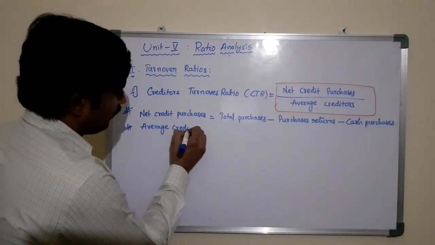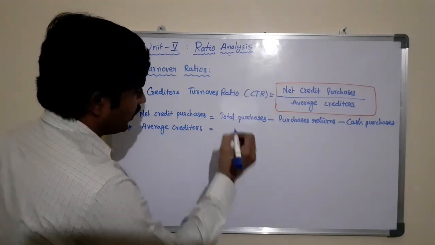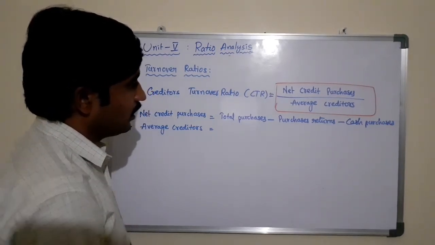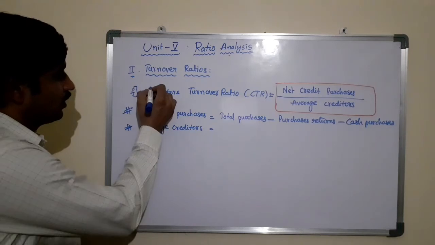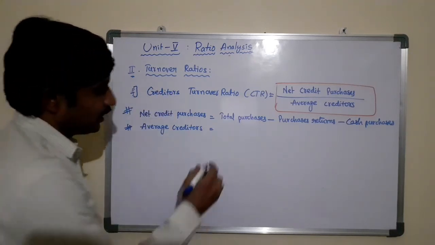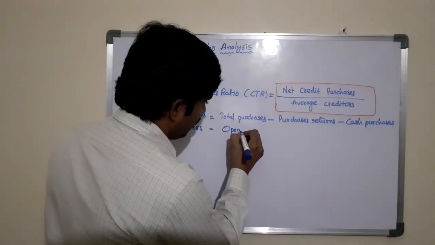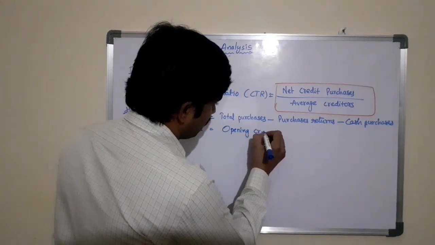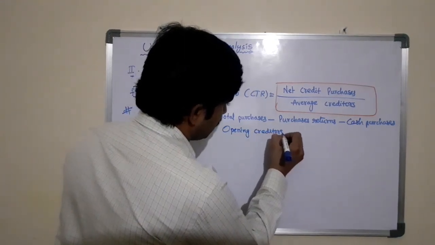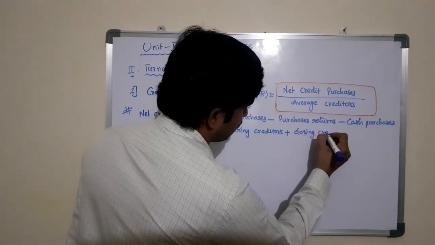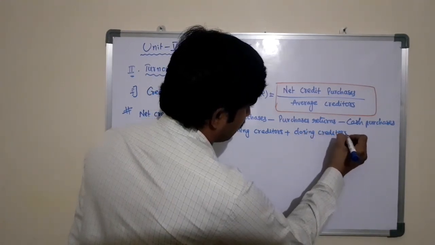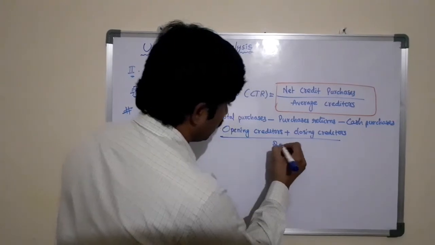The second variable to calculate is the average creditors. Average creditors is one of the variables we need to calculate in order to calculate the creditors turnover ratio. So average creditors equals opening creditors plus closing creditors by 2.